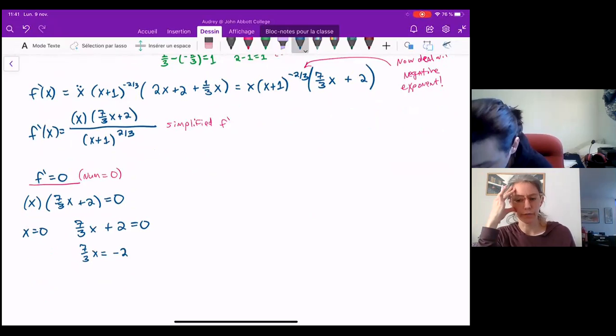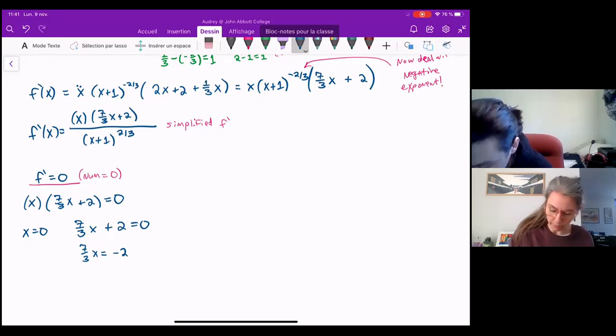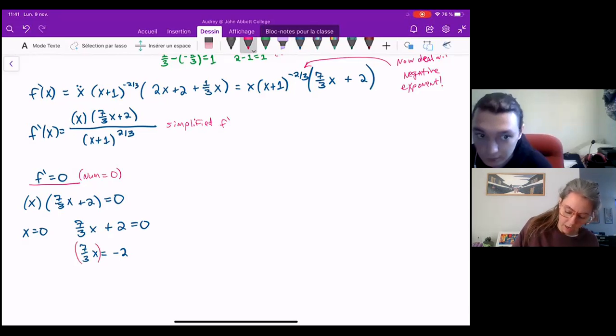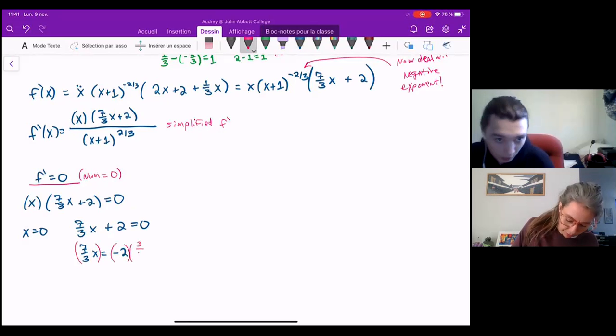What can I do now to solve for x? Times 3 on both sides. I can start by multiplying by 3 on both sides, but I can actually just flip the fraction.